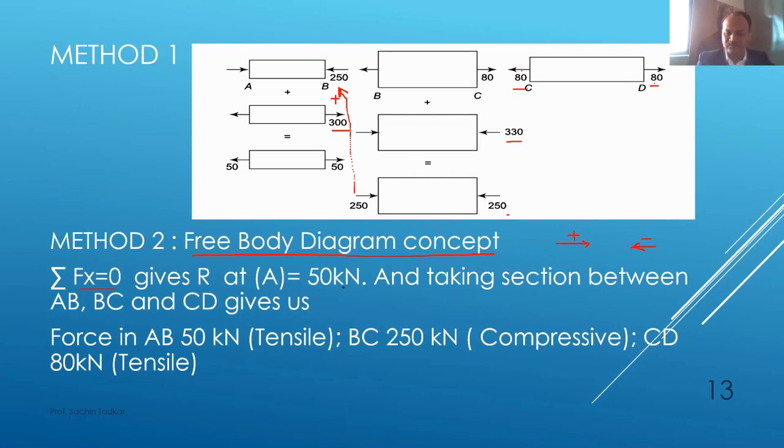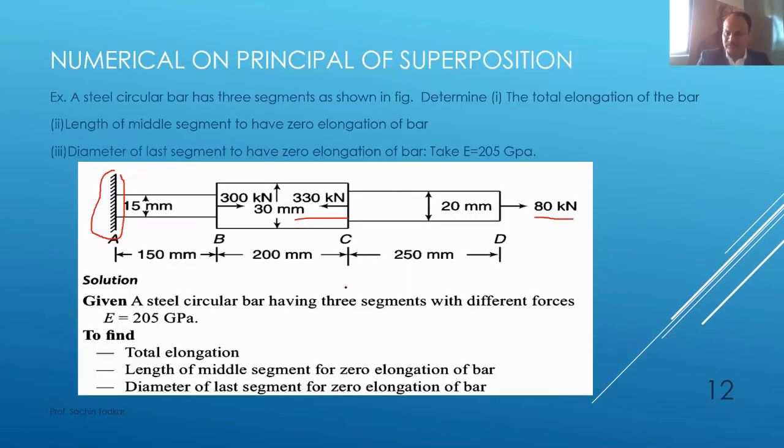So we'll see, 80 kilonewton is positive, 80, 330 kilonewton is negative, minus 330, 300 kilonewton is positive. What will you get? Anybody?